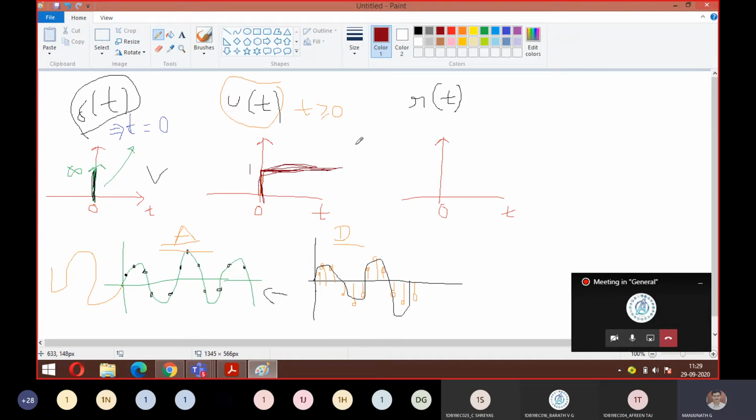From 0 to 1 the amplitude is kept constant, and the same amplitude goes till infinity. From this it is understood that for t less than 0, meaning negative values, there is no signal existence.